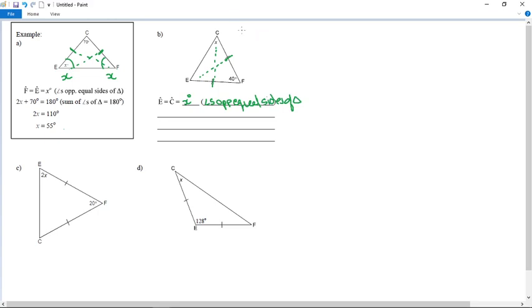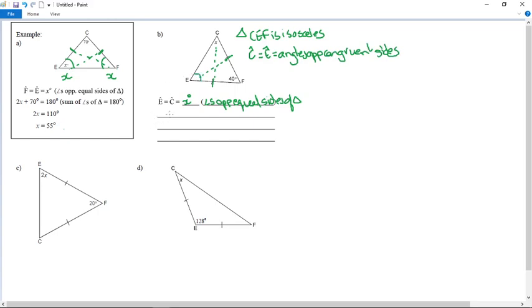But remember, I also said you can say something like triangle CEF is isosceles, and then you can say angle C equals angle E, because they are the base angles, or the angles opposite congruent sides.